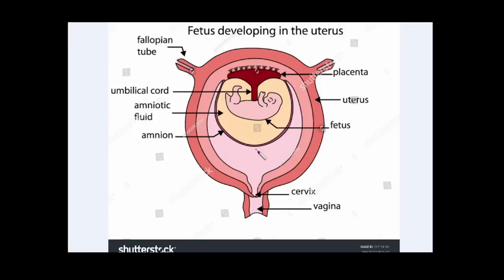So the uterus plays a key role in reproductive health, and it functions in three major ways. In pregnancy, the uterus stretches to grow to allow for accommodation of the baby, and it can also contract to help push the baby out during childbirth. Number two, fertility. The uterus is where the fertilized egg implants during conception.